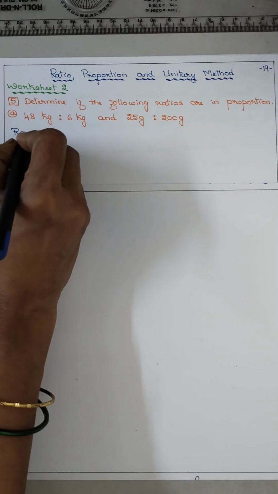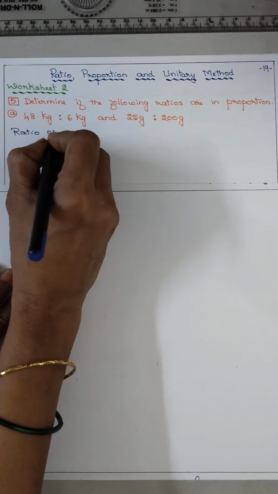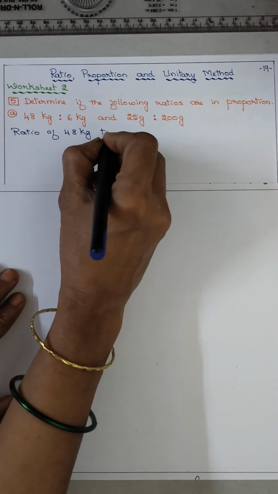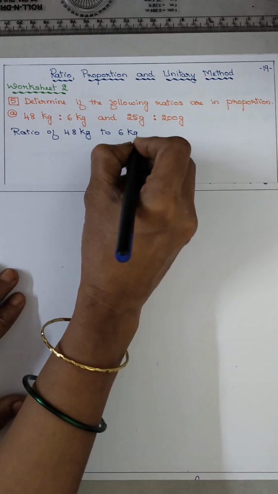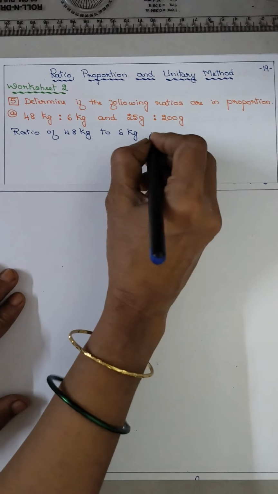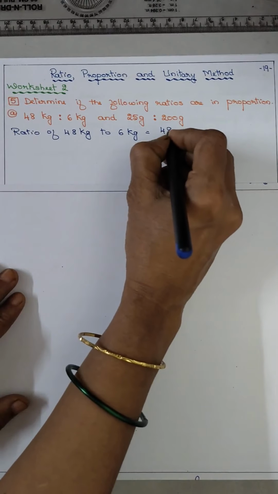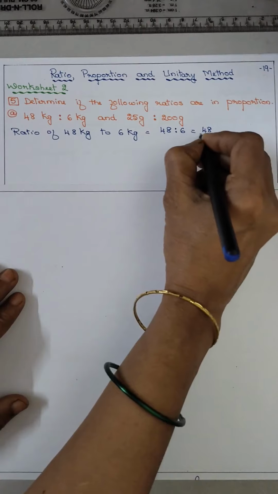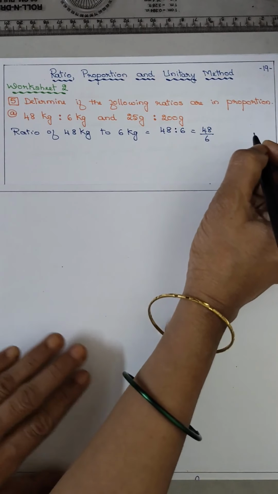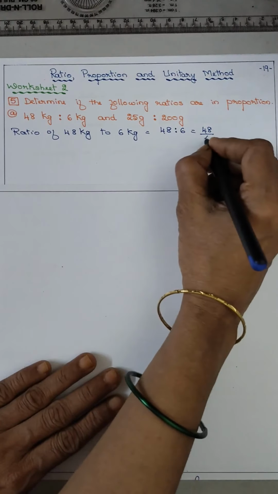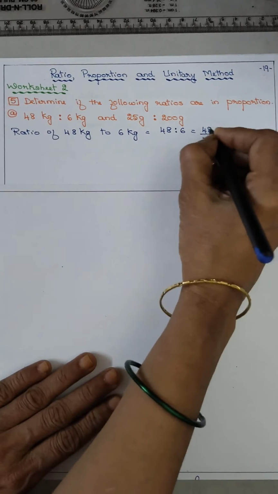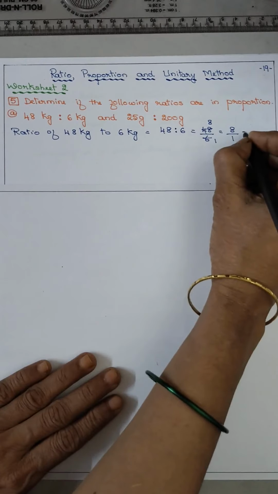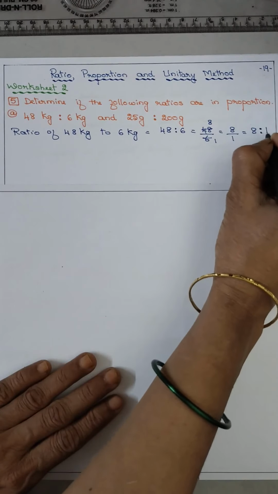So ratio of 48 kg to 6 kg, how much will it come? 48 is to 6, that is 48 upon 6. Remember the ratio lesson, isn't it? 6 ones are 6, 6 eights are 48. So 8 by 1, that means 8 is to 1.